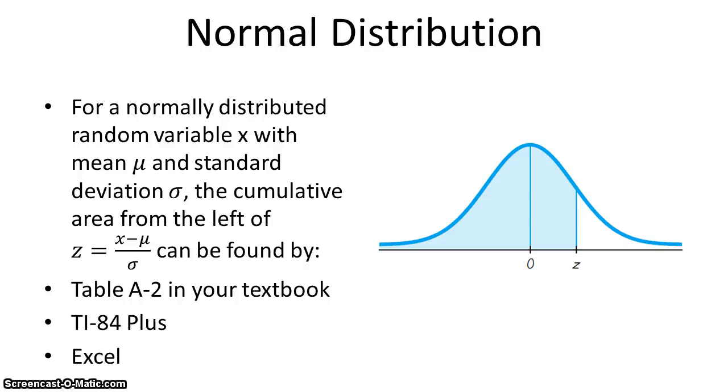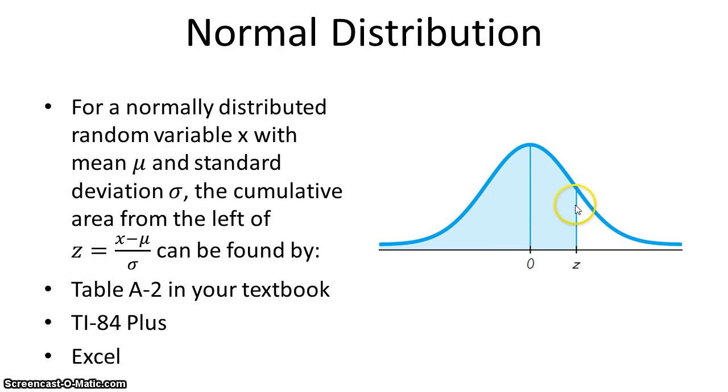Now let's move on to the normal distribution, where we're going to calculate the probability of some value being less than or greater than some other cutoff value. Now you'll recall from table A2 from the normal distribution, which is really the standard normal distribution table, they only give you cumulative areas from the left.